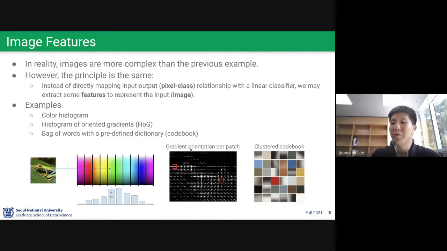Another one is gradient orientation per patch. We divide the image into multiple small patches, for example 8 by 8 or 16 by 16, and we compute the direction of the dominant color change. For example, in this particular patch here, the direction of the change is like that, right?